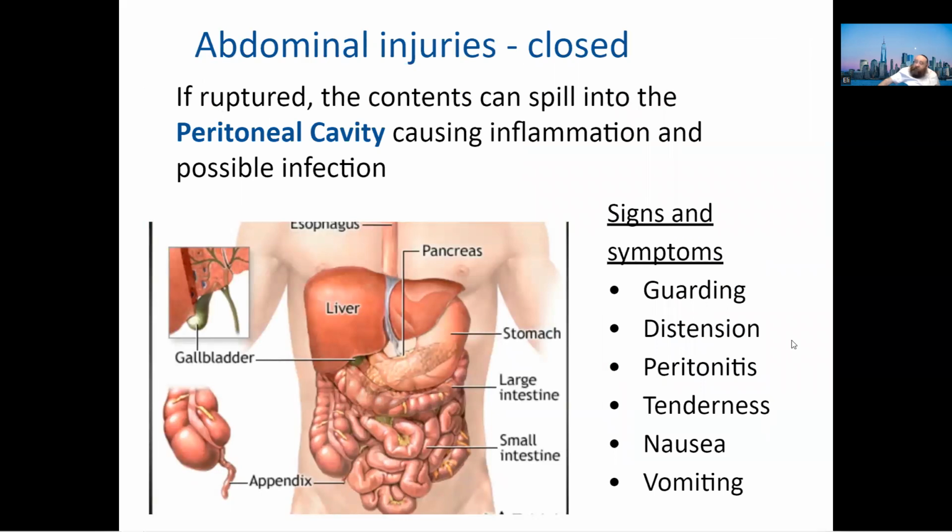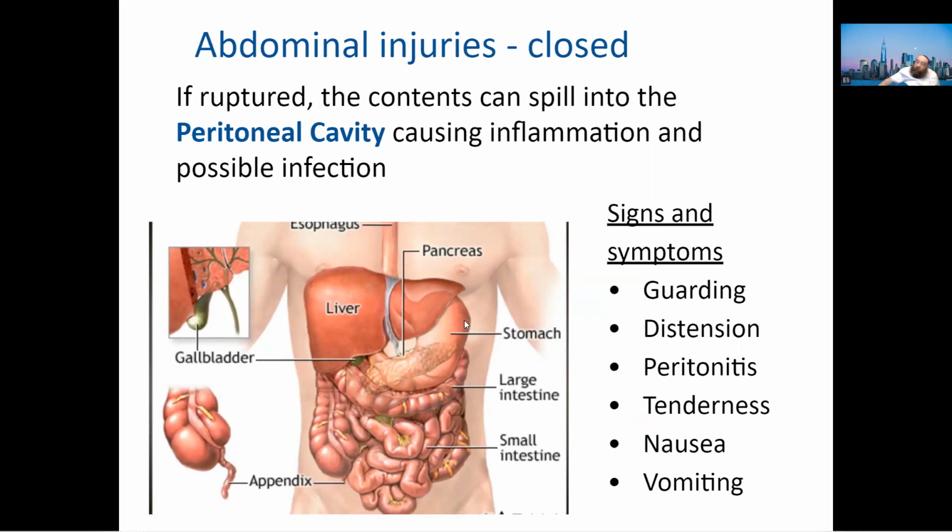Abdominal injuries, not going into all this, make sure you know your 4 quadrants and the main organs and where they are. The liver and the gallbladder is in the, anybody know which quadrant this is? Right upper. Good. Right upper quadrant. The appendix is down here in the right lower.